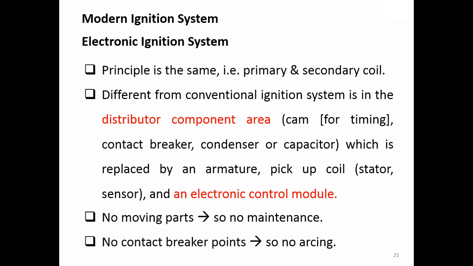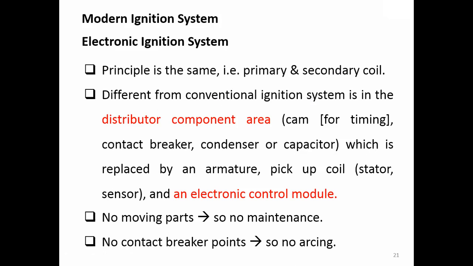So we still need a high voltage, and that means we still need the primary and the secondary coil in this system. The difference of the electronic ignition system from the conventional ignition system is now in the distributor component area.